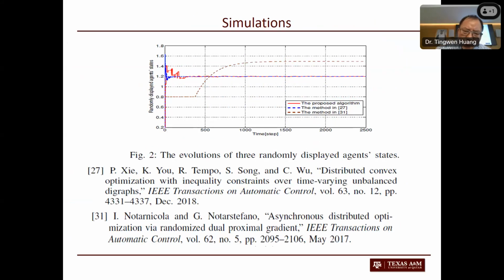Now, for the algorithm from the paper published in 2017, the second reference, this one cannot be applied to the case where the link may be subject to failure. So that's why it can never converge to the optimal solution.